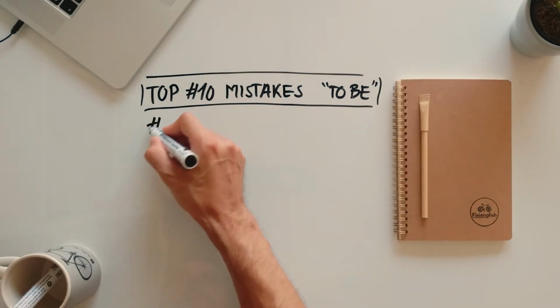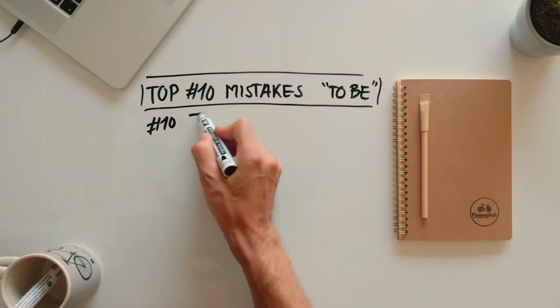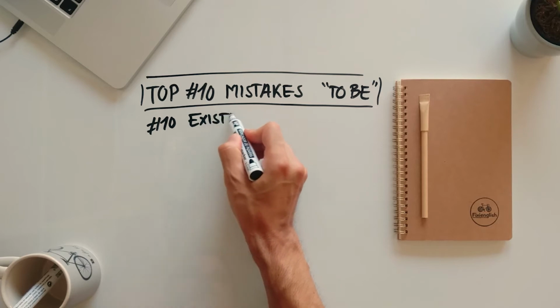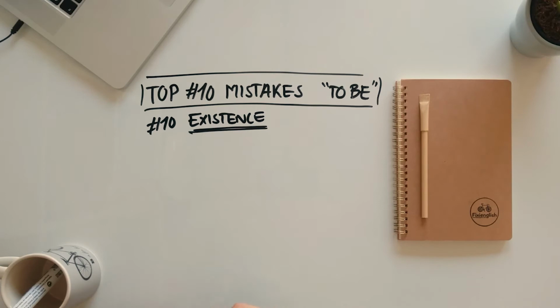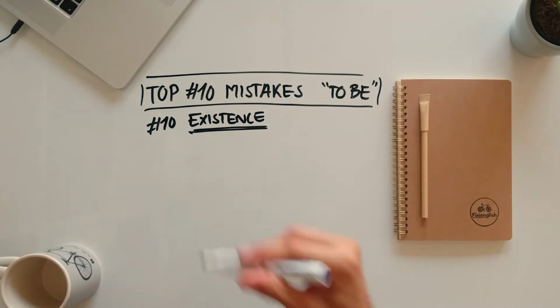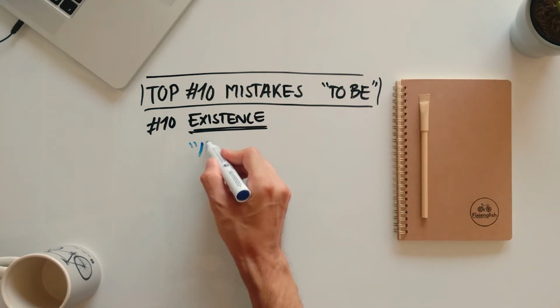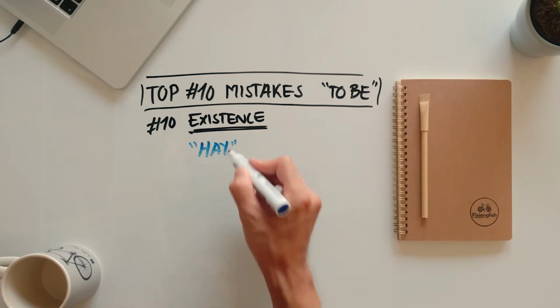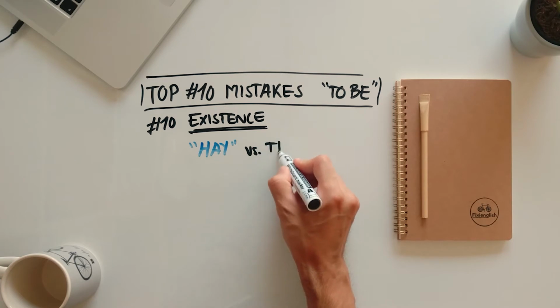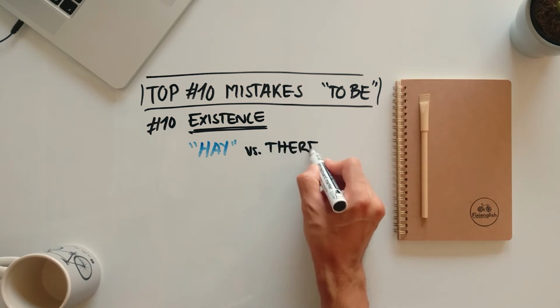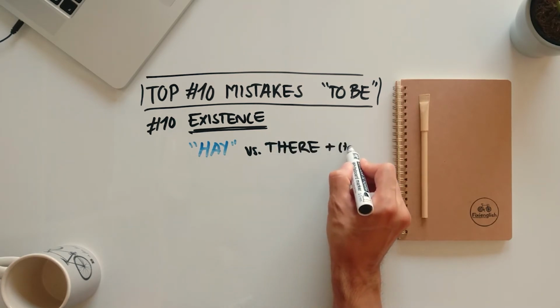At number 10, we have the use of the verb to be to express existence. Now, in Spanish, we would actually use the impersonal form "hay" to do this. But in English, we use the word there plus the verb to be.